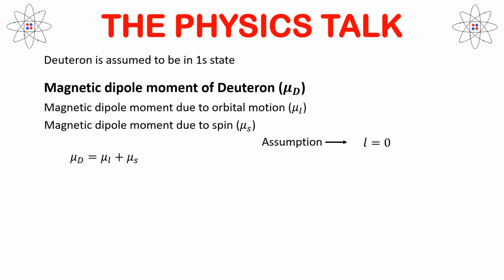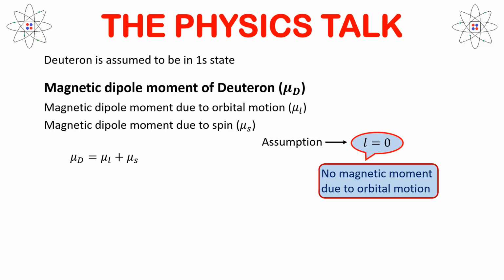Since the value of L is 0, there is no corresponding orbital magnetic moment for both of these particles. Therefore, they have magnetic moment due to their spins only. Hence, the magnetic moment of deuteron is the vector sum of the spin magnetic moments of proton and neutron.